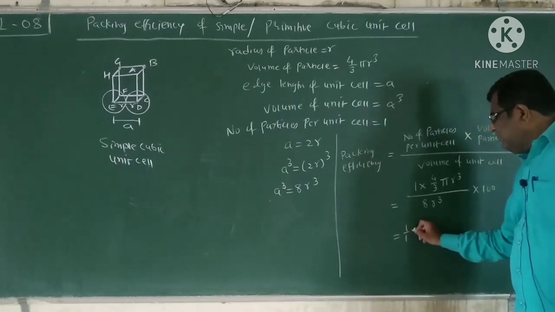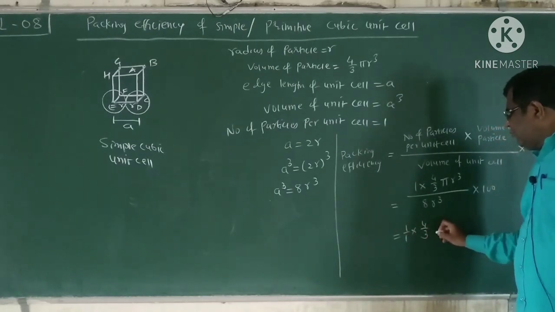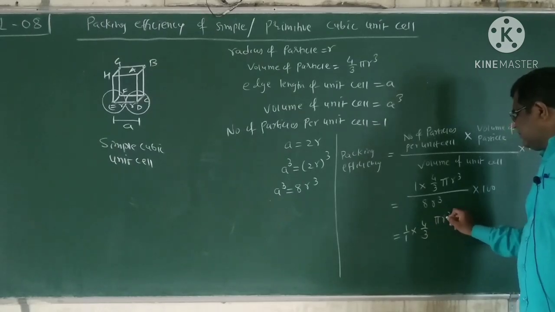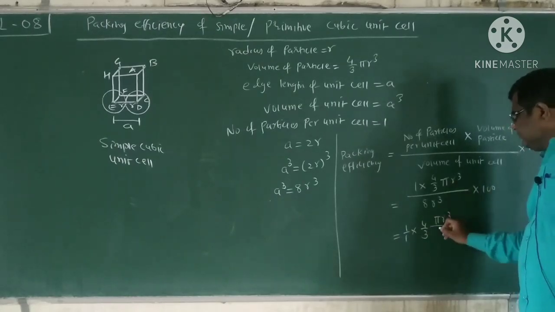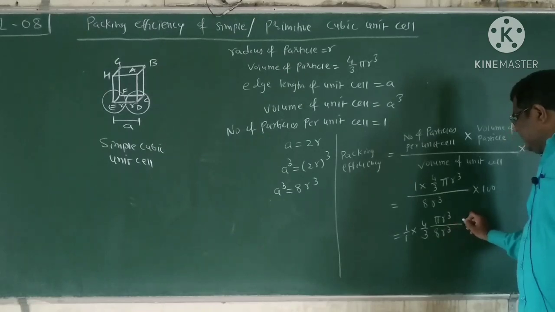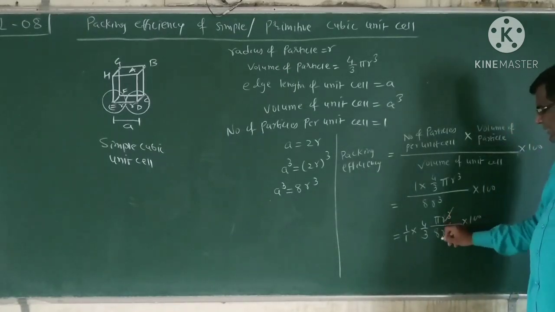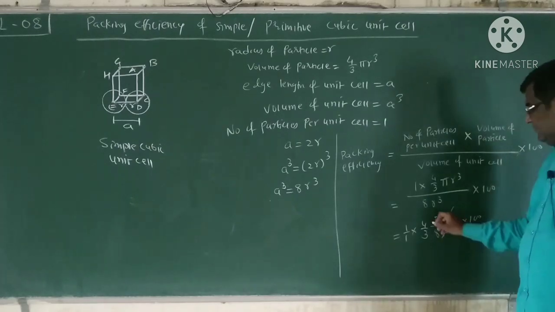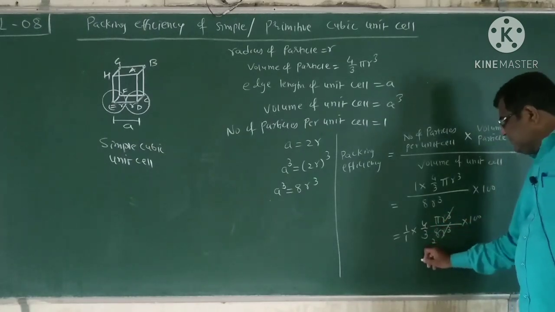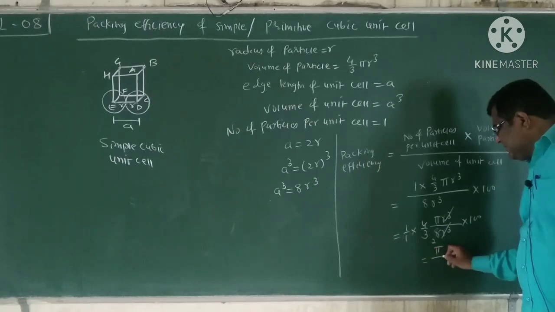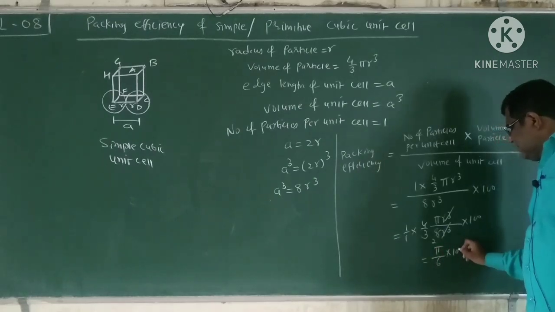So it is 1 by 1, 4 by 3 pi r cube divided by 8r cube multiplied by 100. R cube you can cancel. 4 2s are 8. So it is pi by 6 multiplied by 100.